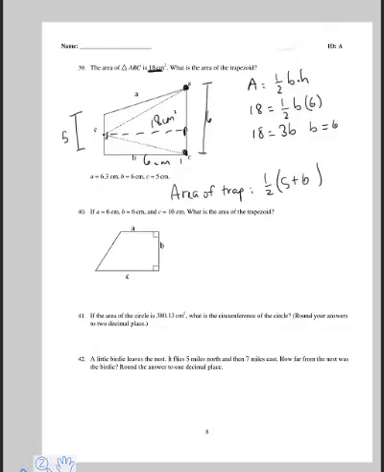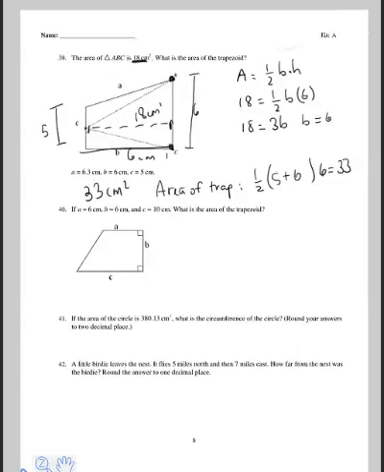And we multiply that by the height. That's that dimension there. So 1/2 of 6 is 3. 3 times 11 is 33. So the area is 33 centimeters squared.